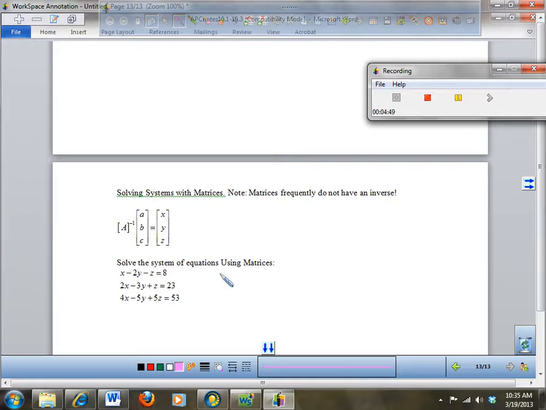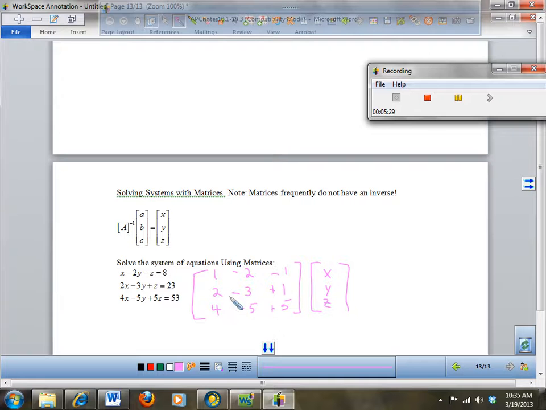It can be written with matrices by taking the coefficients of each of these equations as a matrix, and multiplying it by x, y, and z.